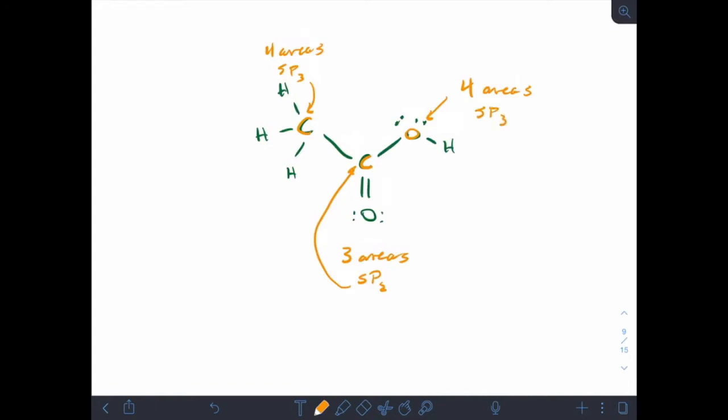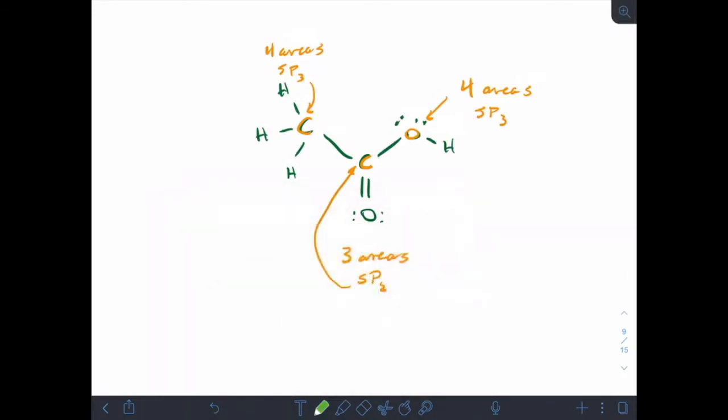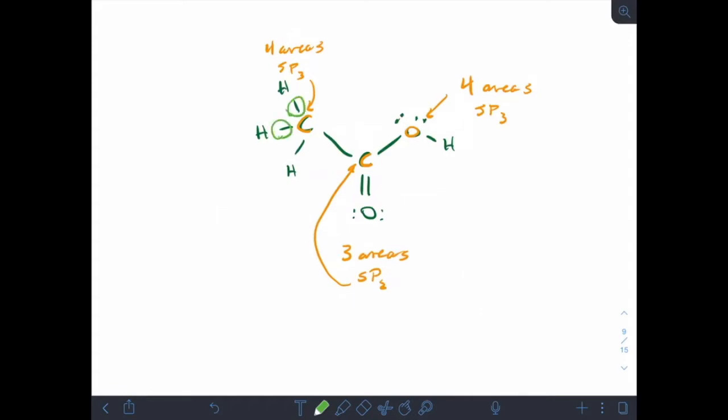So in case you're still trying to figure out areas, let's go ahead and count those up. I'll use a lighter green this time. Talking about our carbon on the left, there are 1, 2, 3, 4 areas of electrons around that carbon. That's why we get 4 areas and sp3. So S and 3 P's makes 4 things, sp3. Our central carbon has 1, 2, 3 areas of electrons around it.